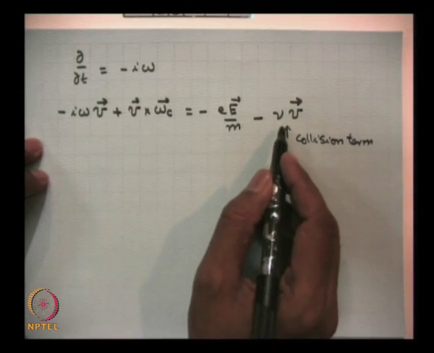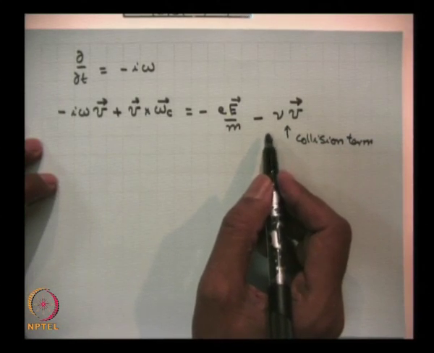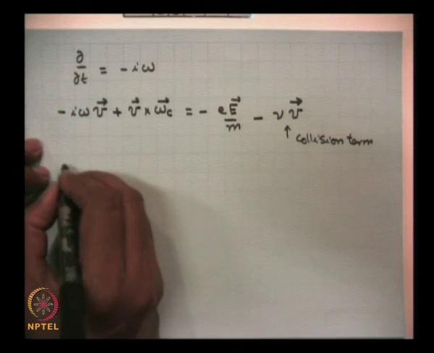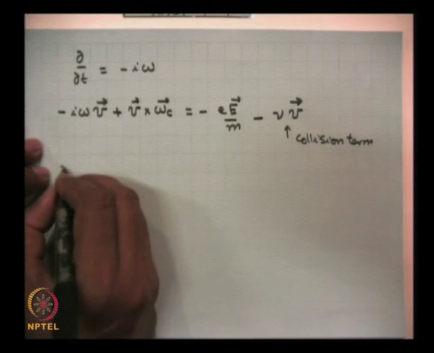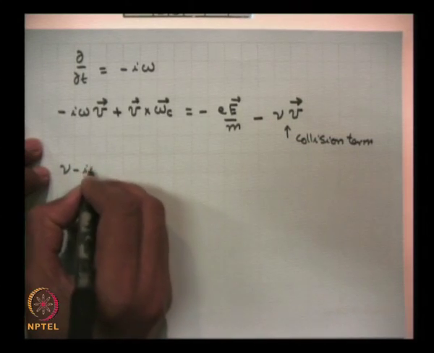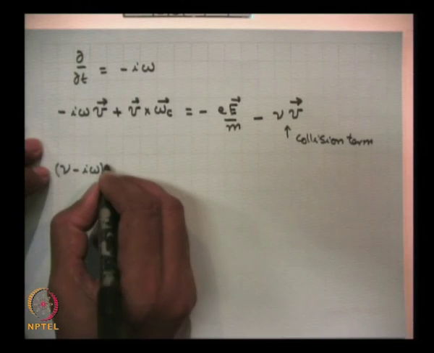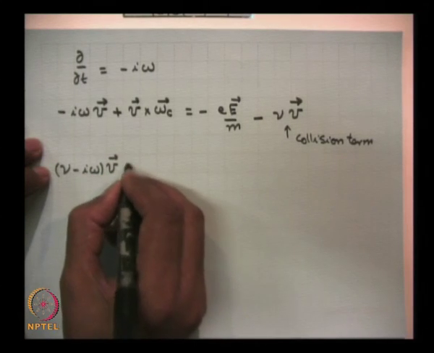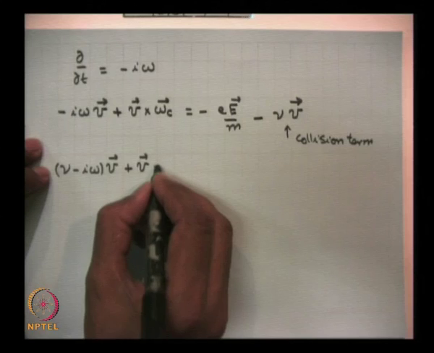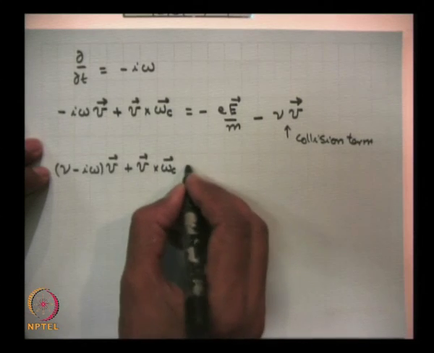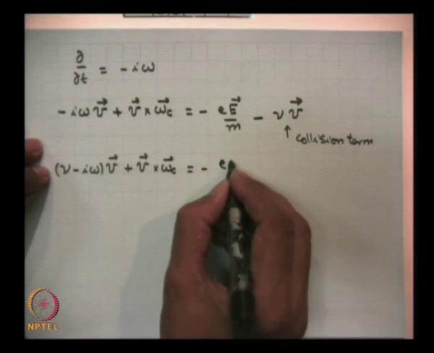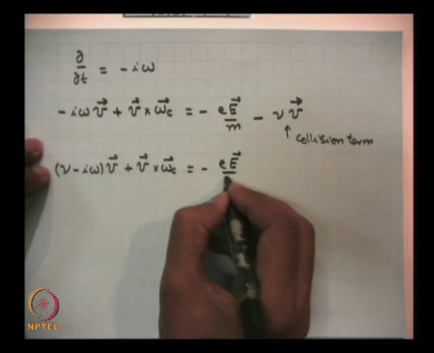In many cases you can ignore this, but for the sake of completeness one can include this here. So, you get (nu minus I omega) into V plus V cross omega c is equal to minus E upon m.